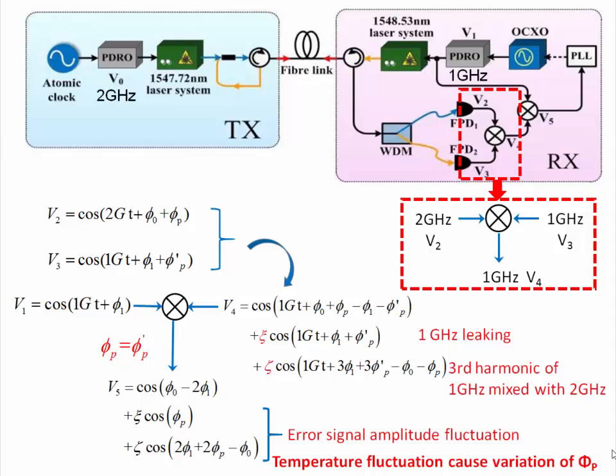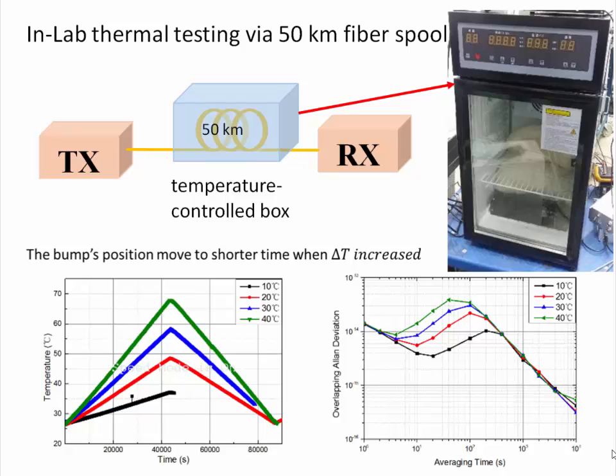So in this situation, the phase fluctuation of the fiber link cannot be totally compensated. It will be changing with the temperature. So to investigate, we put our 50 kilometer fiber into a temperature controlled box.